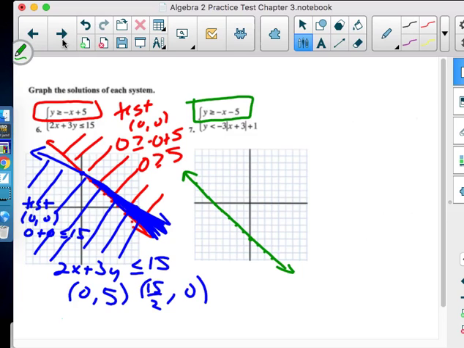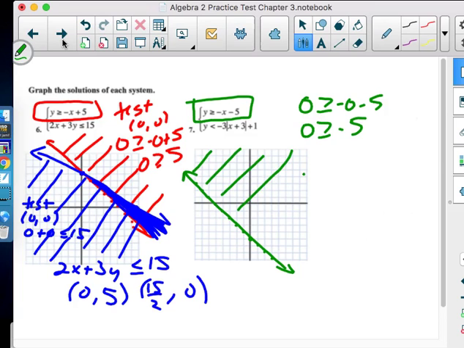Couple people nodding yes. You agree? Yeah, 0 is bigger than -5. All right.